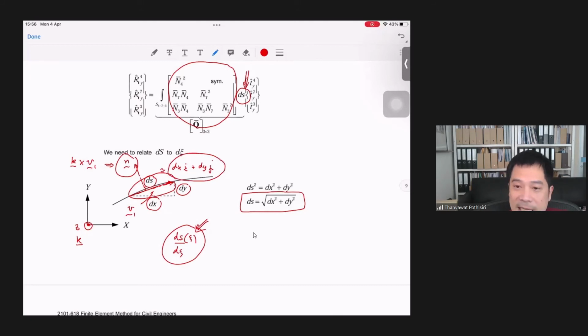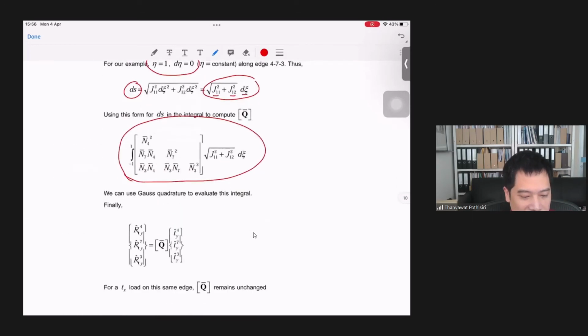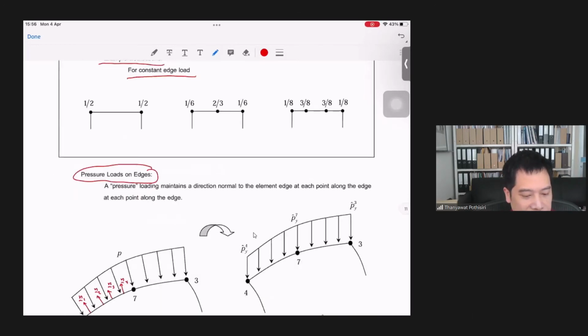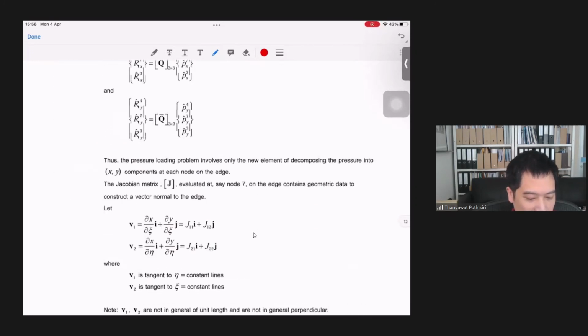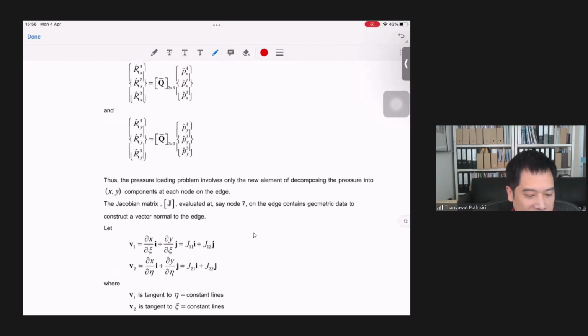So you can write ds in the form of a vector as well. So we can construct the tangent vector V1, this is our tangent vector here, based on ds by dc.